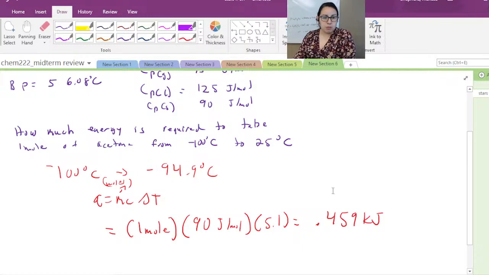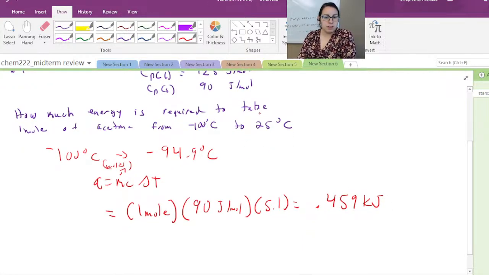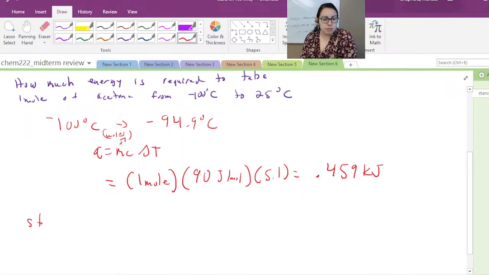All right, so now what do we do? So we're at the freezing point, melting point. Melt it, so state change time. So right now we're melting.